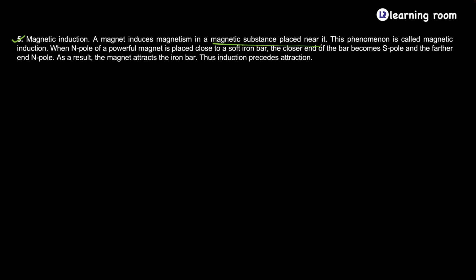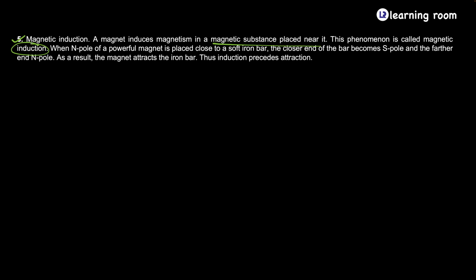This phenomenon is called magnetic induction. See, why we call it induction, you need to understand 2 things. Induction is a word that is used when you create a field inside a material without a physical contact. If you read the statement carefully, they are not saying that you bring them in contact.